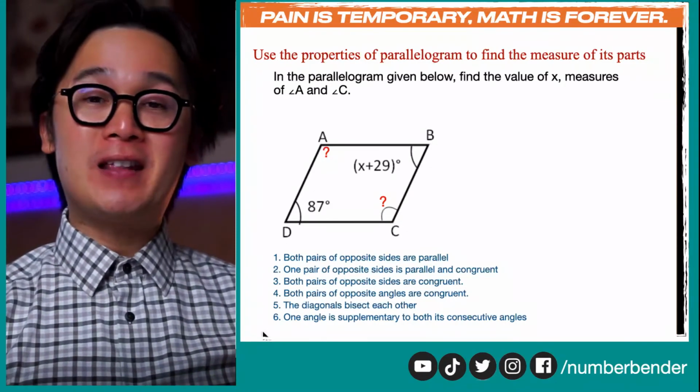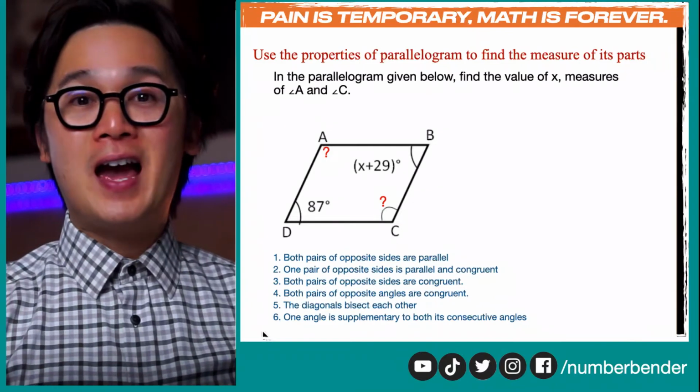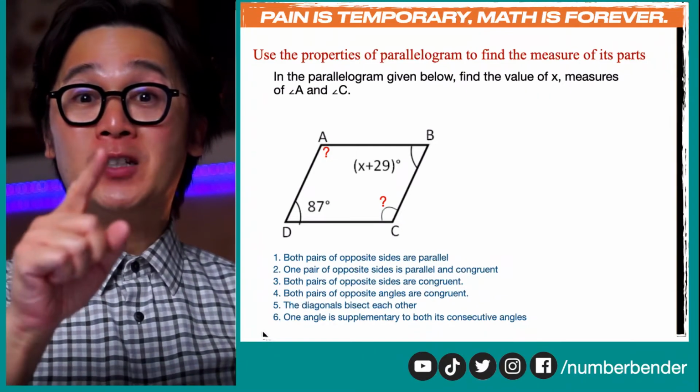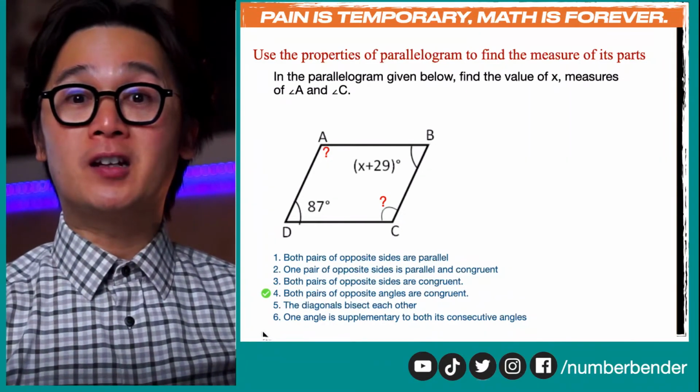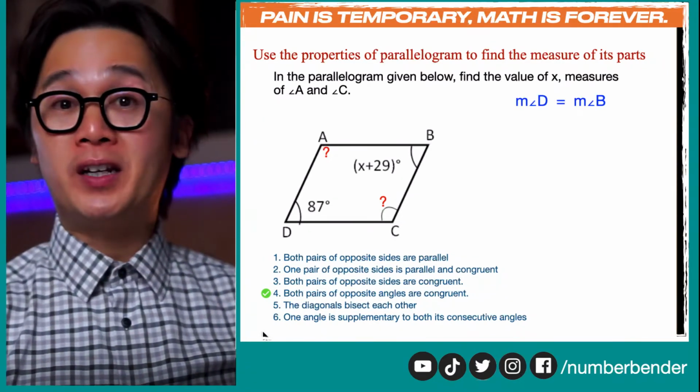So we can formulate our equation that uses the measurement of angle D and the measurement of angle B, which is 87 equal to x plus 29 degrees.